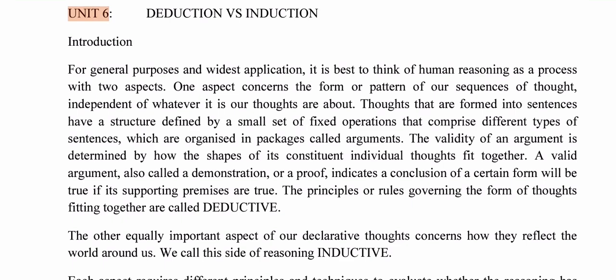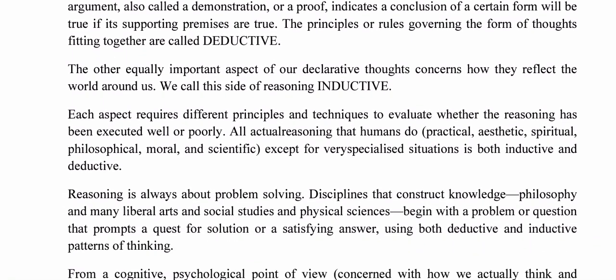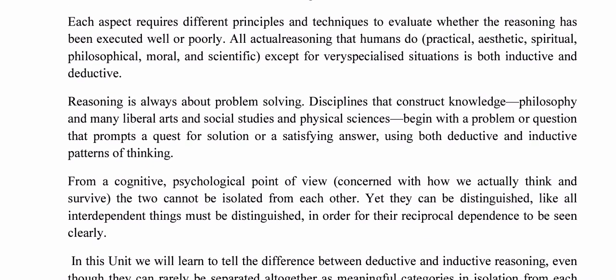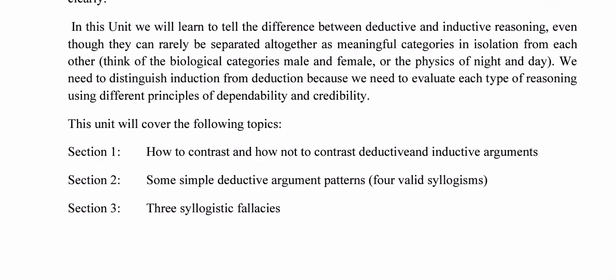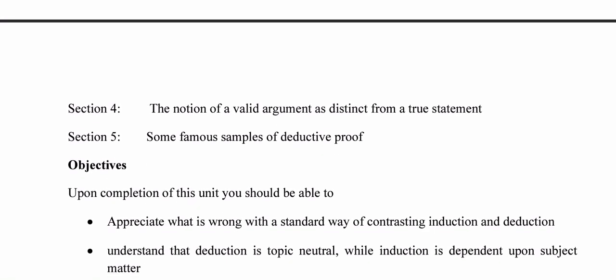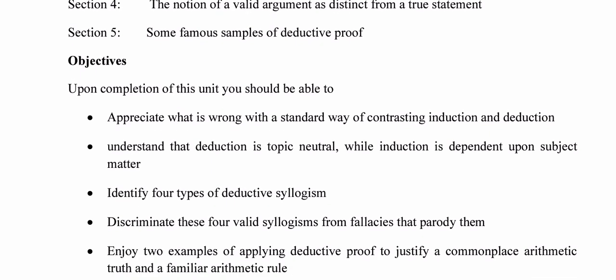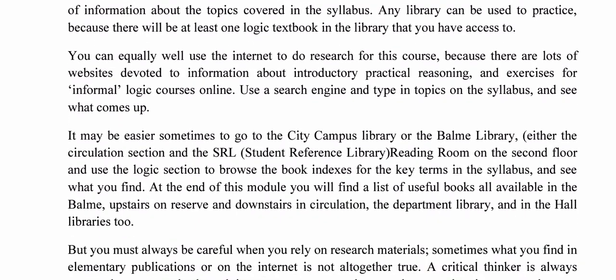This is the main difference between deduction and induction. So all these things you are going to read, the main difference is what you've pointed out. In deductive reasoning, your premises guarantee, they make sure that your conclusion is true. But in inductive reasoning, it gives a good likelihood for it to be true.